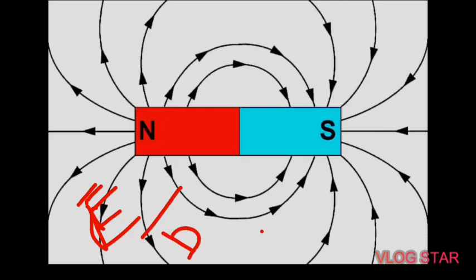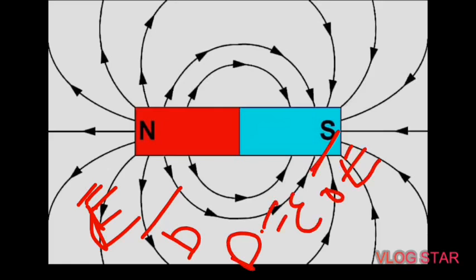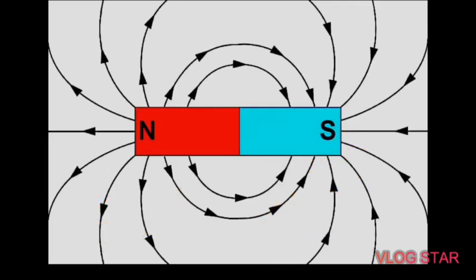We know the relation between D bar and E bar is D bar equals epsilon 0 E bar. In a similar way, we can also represent the relation between B bar and H bar. We know that the electric field intensity and electric flux density are related as D bar equals epsilon 0 E bar.